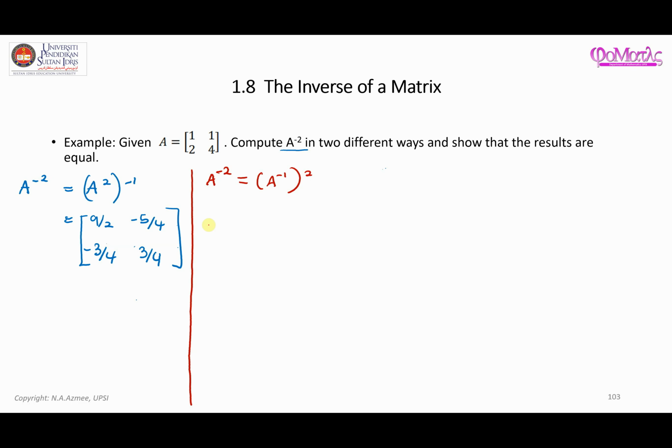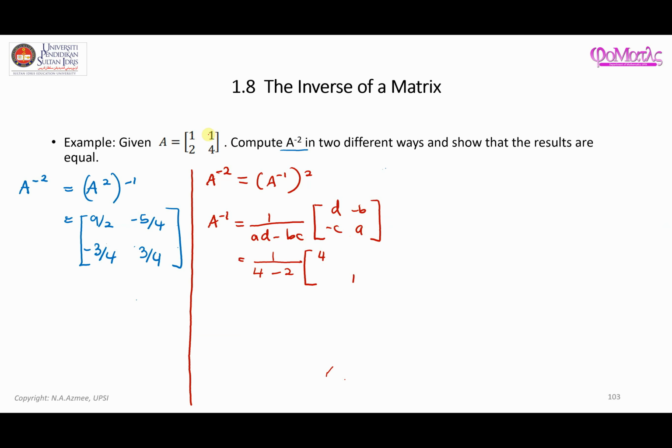Okay, therefore, inverse of this matrix, according to the formula, is this one. This is the formula. And A times D is 4 minus 2. Okay. Next, we switch the places of D and A, 4 and 1.